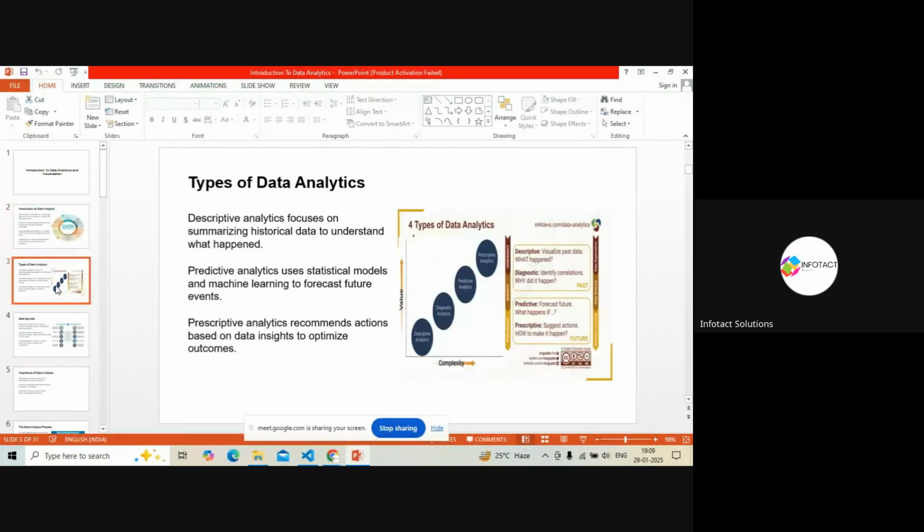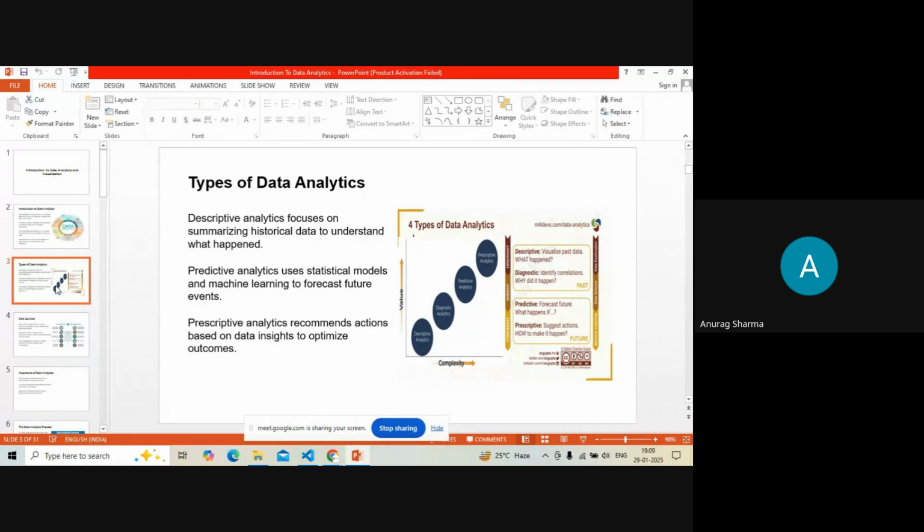Now it comes to our discussion part, that what are the types of data analytics. Anyone knows? Anyone over here? Descriptive, predictive, I guess two more are there.